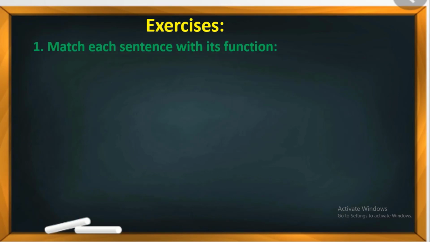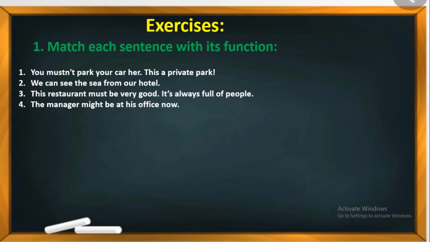The first one, match each sentence with its function. So we have examples or sentences and functions. The first one, you mustn't park your car here. This is a private park. So what do you think? Great. Prohibition, you mustn't. We can see the sea from our hotel. Great.